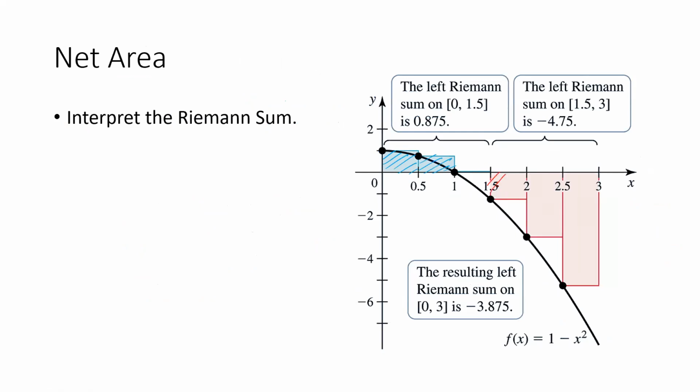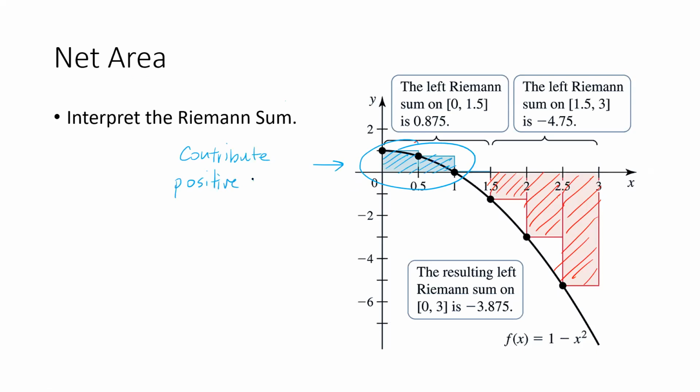Over here, we have some rectangles that lie below the x-axis. So these rectangles here contribute a positive value to the net area, whereas these ones are below the x-axis.